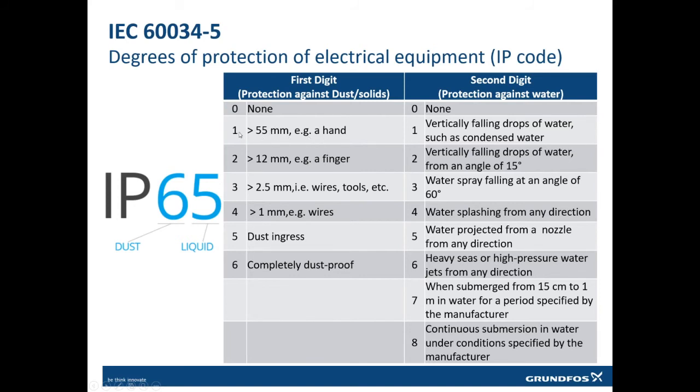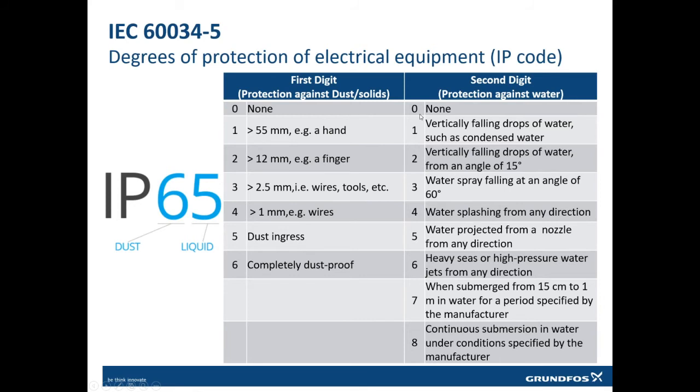If the motor has these two digits, dust and liquid, 0, 1 here, that means a hand cannot go inside, but a finger will. The same goes for 4: wires will not go inside, but something smaller than 1 millimeter will, like dust. If we have 5, that means dust will not go inside. If we have 6, that means completely dust proof.